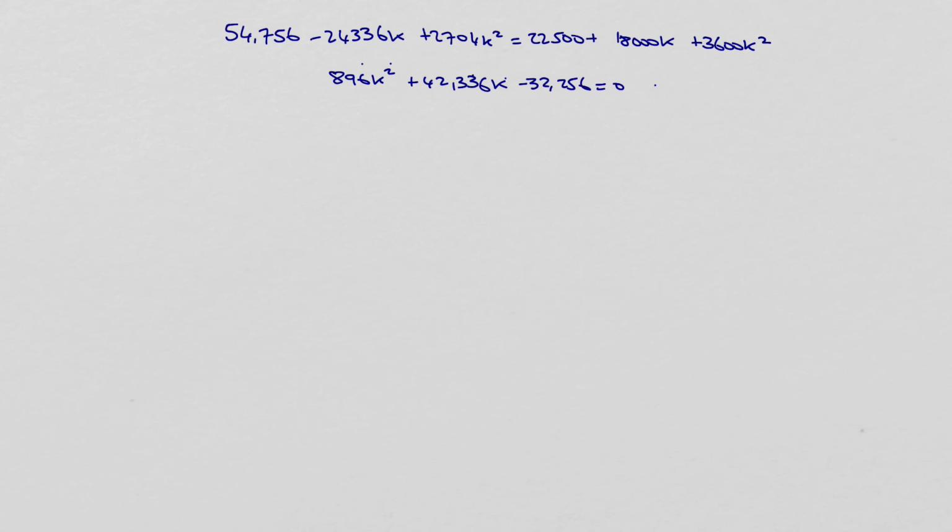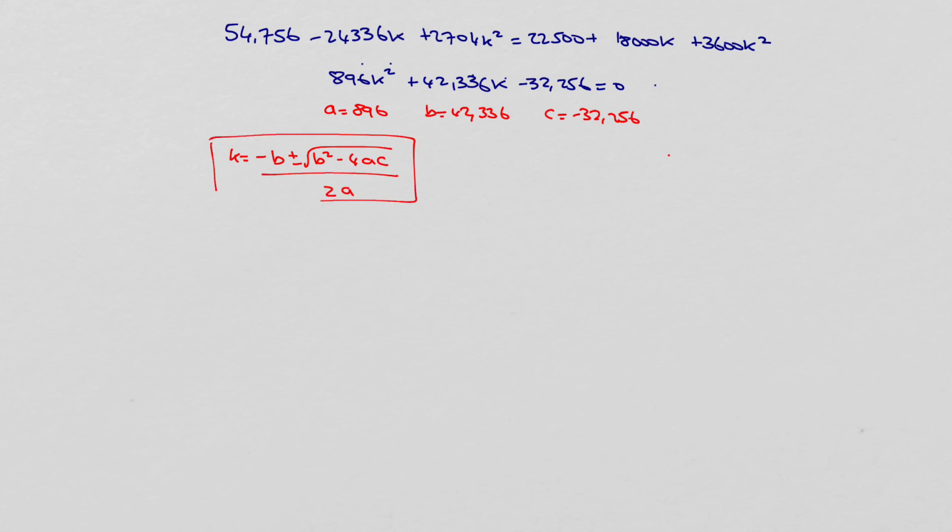So we're going to go straight to the minus b formula here, just to make life a bit easier. So we have k is going to equal minus b plus or minus the square root of b squared minus 4ac all over 2a. And again, your minus b formula is page 20 in our maths tables.